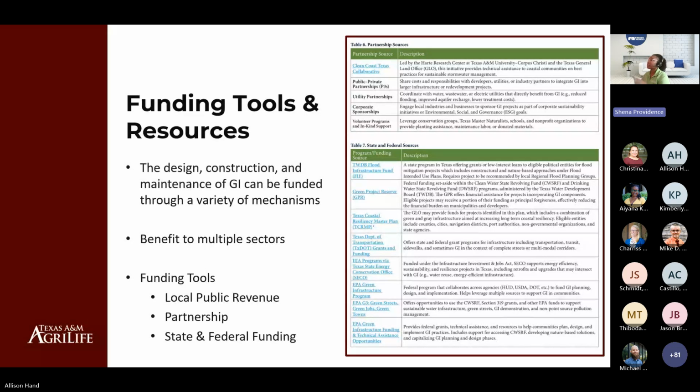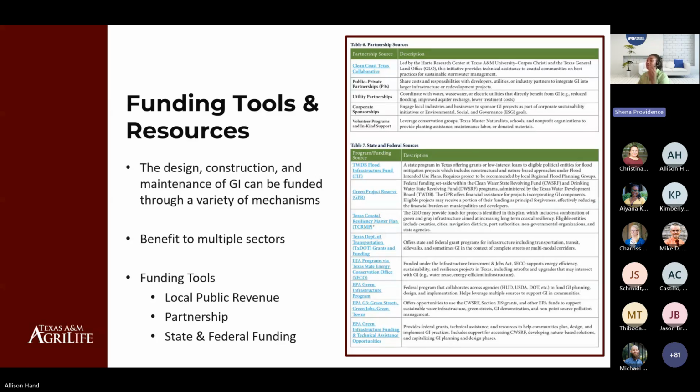And so within this section, you'll find that each source has its own timeline, their own requirements, and availability of funds. There are 3 different funding tools that we've outlined within the guide itself. We have a table dedicated to local public revenue, a table dedicated to different partnership sources, and a table dedicated to state and federal funding.